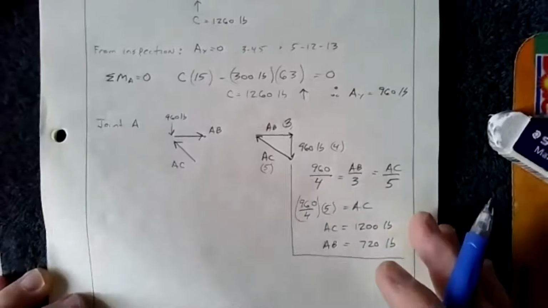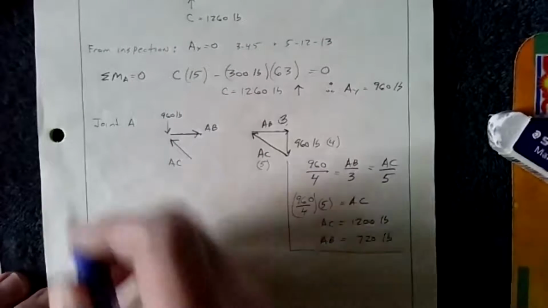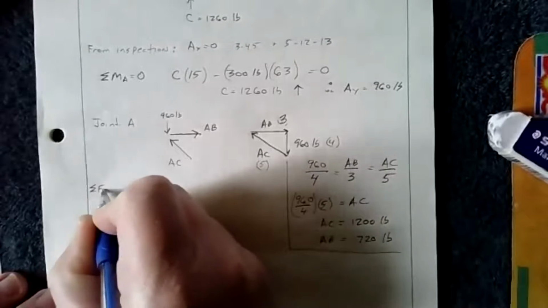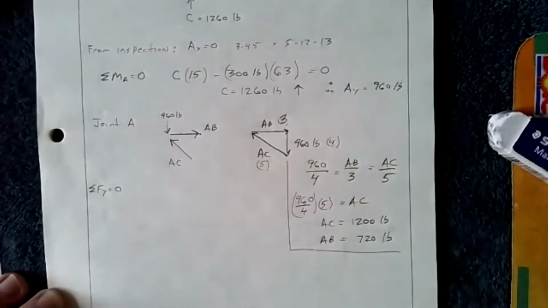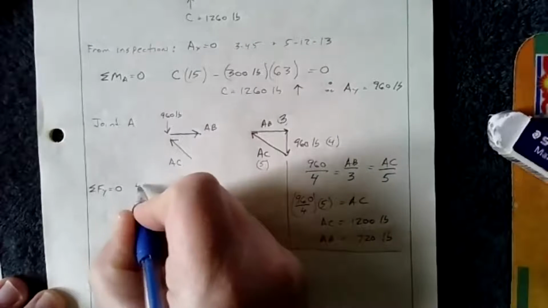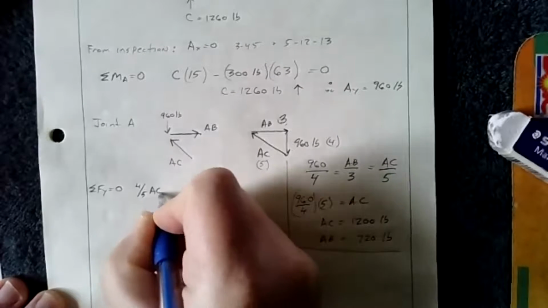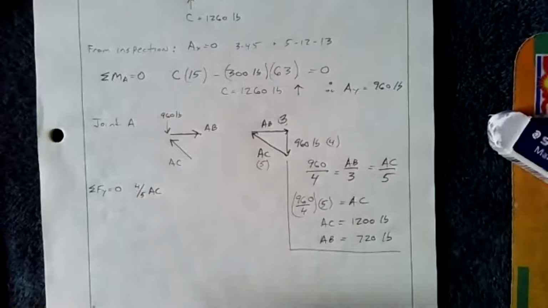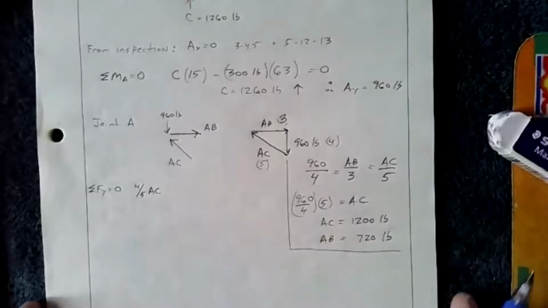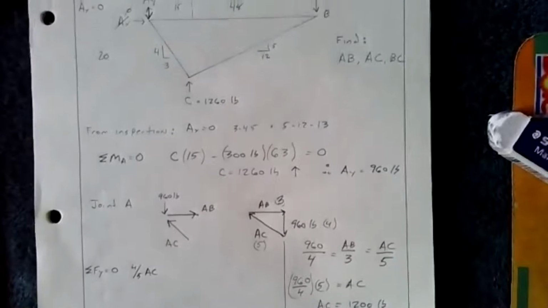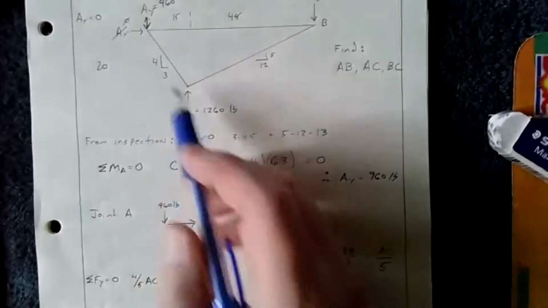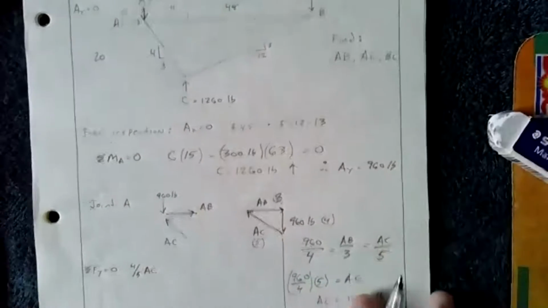But let's say we did it the other way, with just summing the forces. If we sum the forces in the y to 0, what are we going to have? We're going to have 4/5 AC, because again, we're just taking the proportion of the triangle, 4 over 5. So 4 over 5 AC, and that's in the y direction. We've already established it's going up, so it's positive.